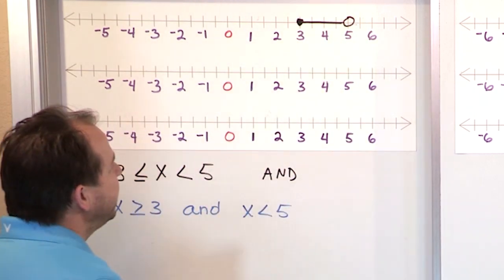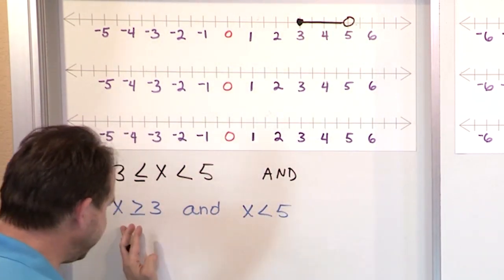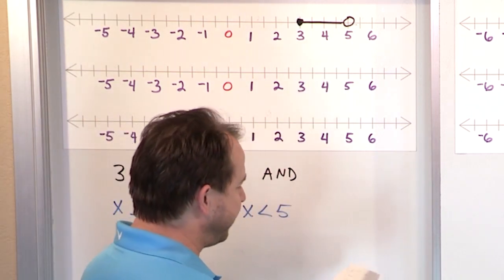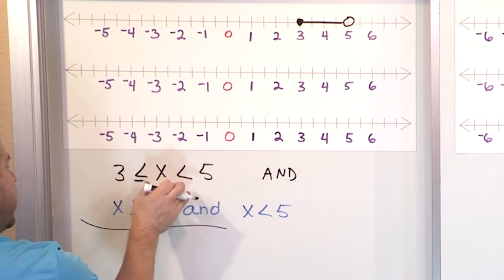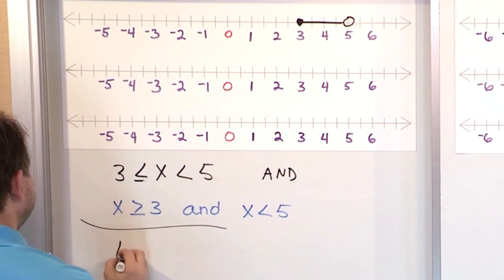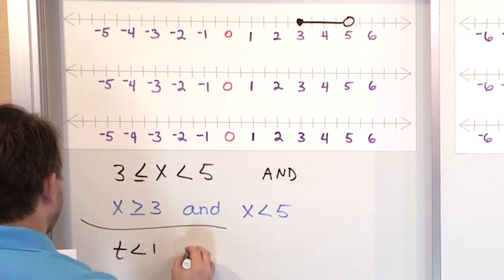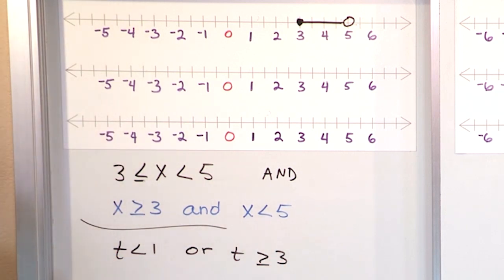And there you go, that's what it is. Notice it does form a line segment because it is possible to be greater than or equal to 3 and less than 5 at the same time. So that's half the trick, knowing that this is an and and knowing how to break it out into the two pieces. Now what if our next problem said that t was less than 1 or t is greater than or equal to 3?